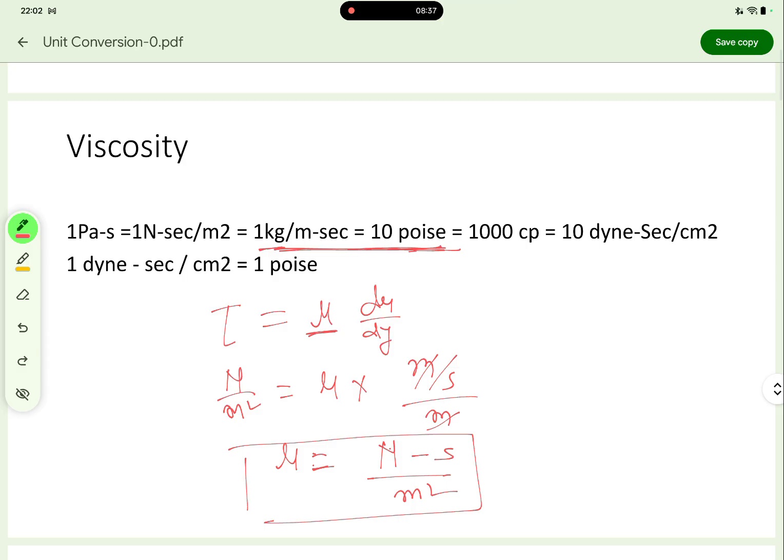And the viscosity can be written in petroleum units as centipoise. We used to write this in centipoise. This is the CGS unit. This simple unit conversion you need to remember.